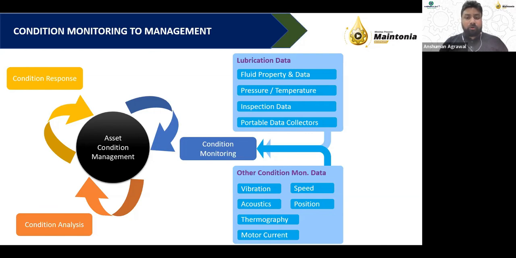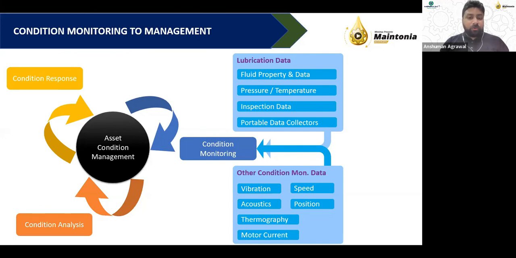And we also have a lot of portable data collectors, which our people use while performing the various walk around inspections of the equipment and the assets. The second package of the data is with regards to the other reliability parameters like vibration, speed, acoustics, position and motion, thermography, and the motor current control. So these form a part of your entire condition monitoring data.